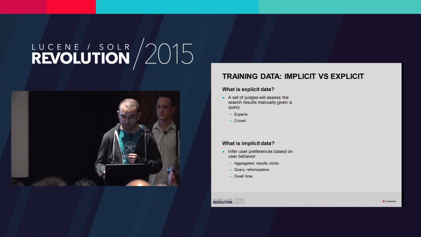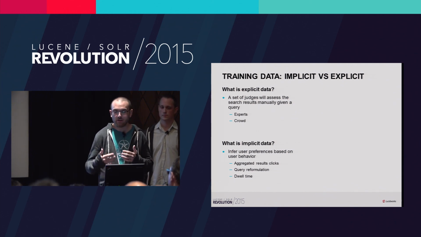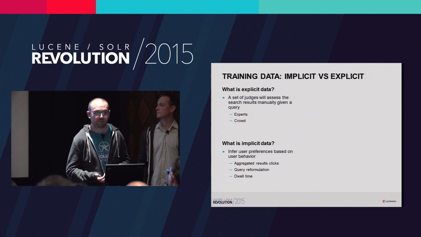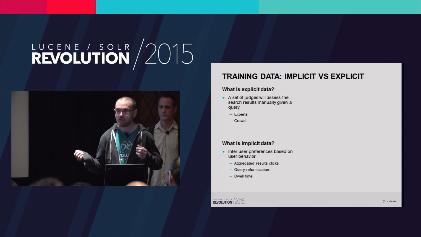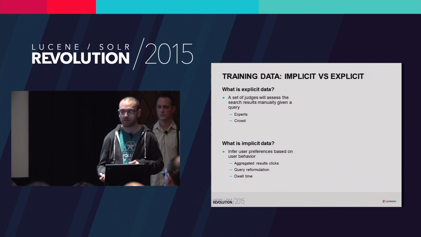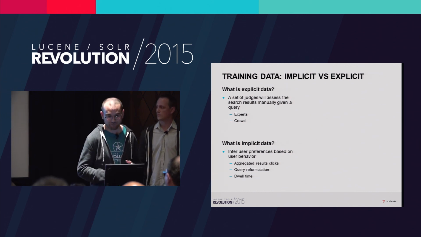from the web. And then we have the implicit data. So we can also create a training set by exploiting the behavior of the users of our search service. For example, if you have a query and the users click on some documents for the query, you can assert that these documents were relevant for the query.